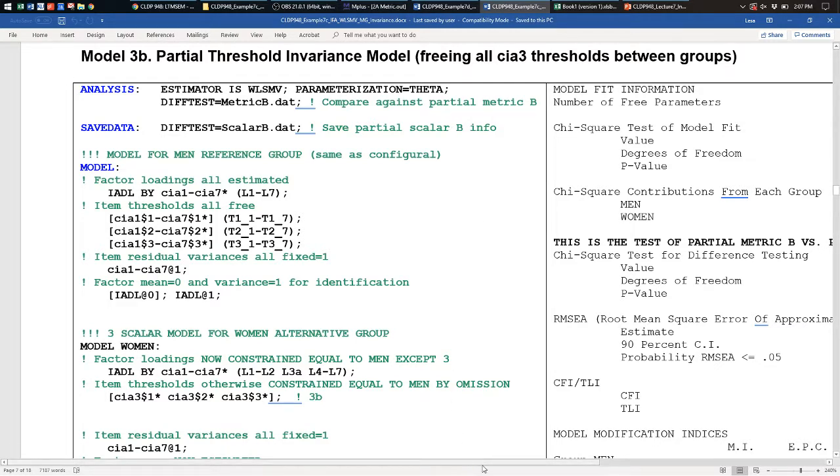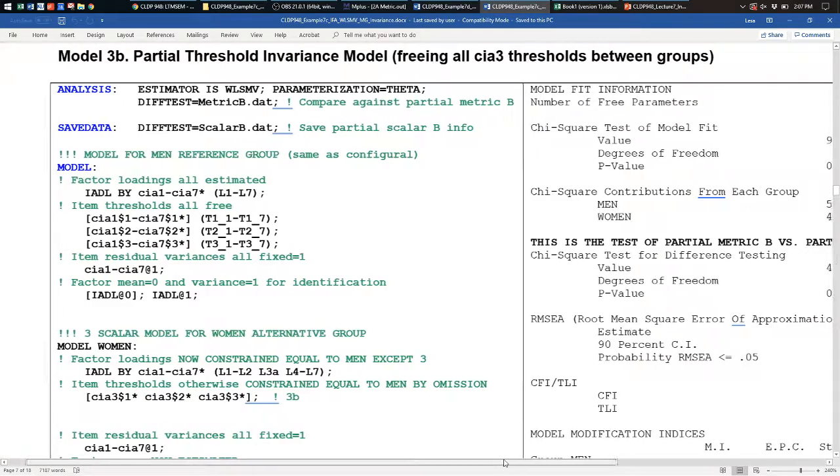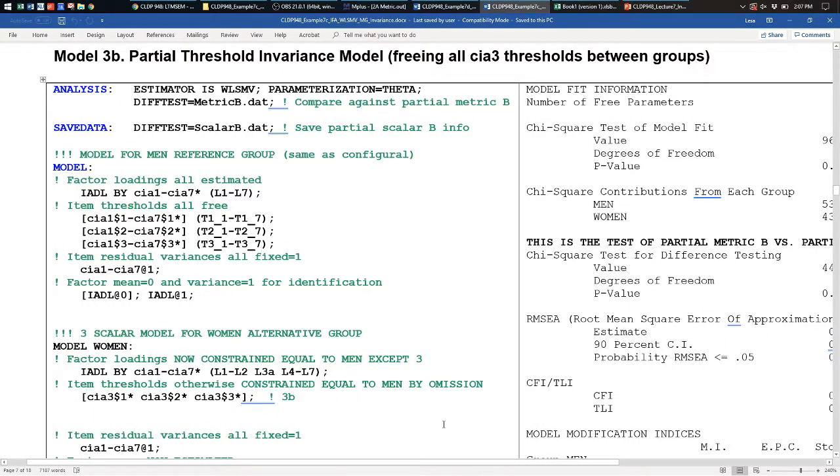But it's one of my most popular random people emailing me from around the world questions, and so I had to add that for their sake. So now we're on to 3B, partial threshold invariance. So note what I've done here. In the women's model, I have added back in references to only the thresholds that I want to be different, those for item 3.